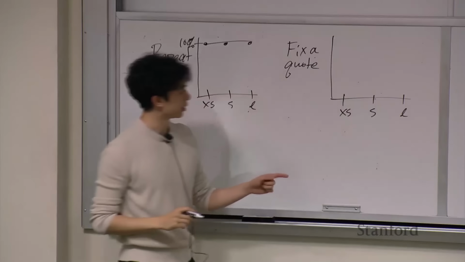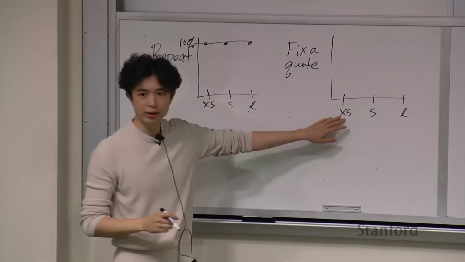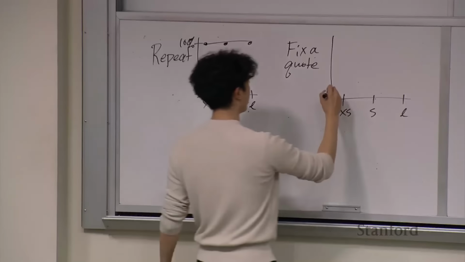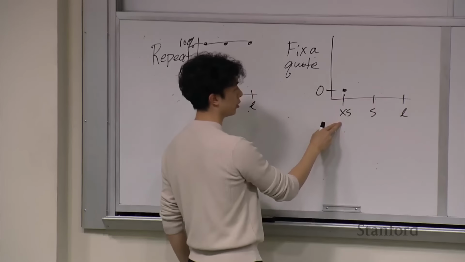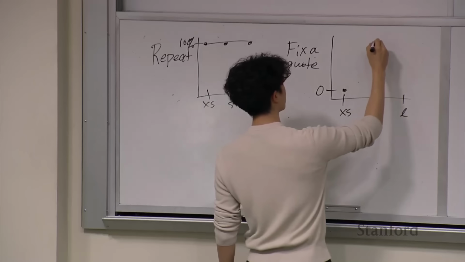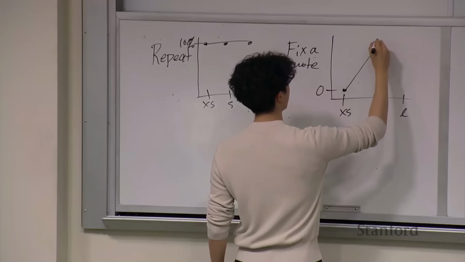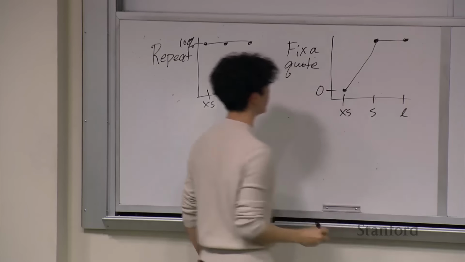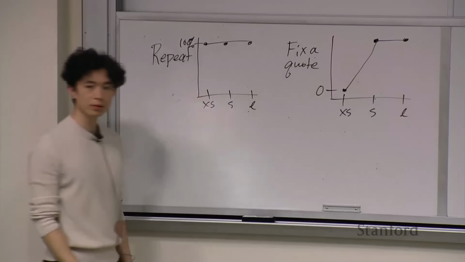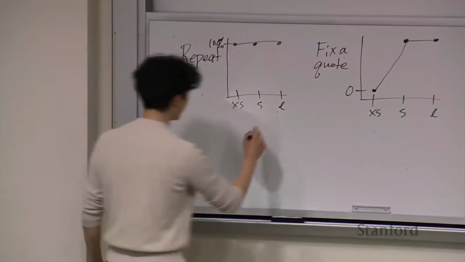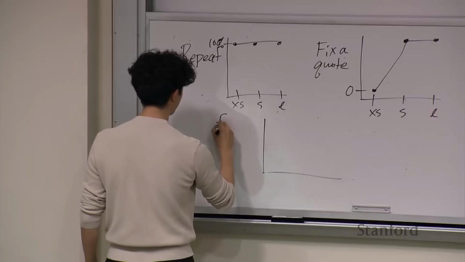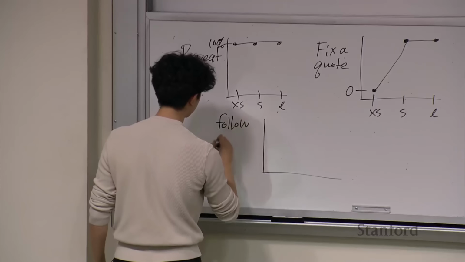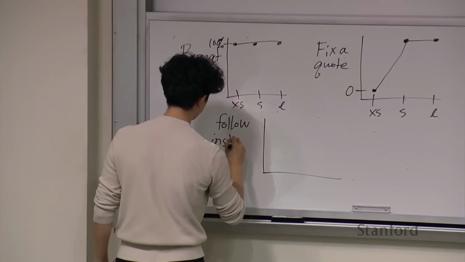What's the ability to fix that quote? Well, the extra small model doesn't know the quote, so it's going to get 0. The small will be able to do it, and the large can obviously do it. So that's what the scaling curve looks like. And then finally, you have the task: follow an instruction.